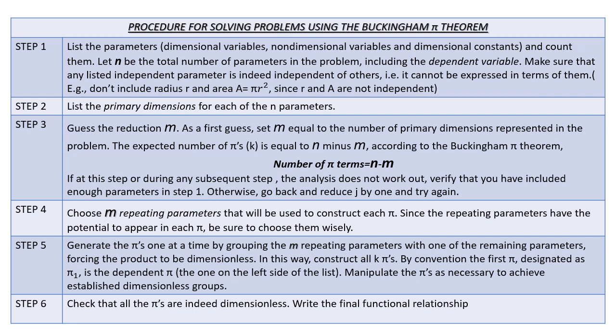There are procedures for choosing the repeating parameters, available in the next table. Once we choose the repeating parameters, we write the pi terms, equate the powers of the dimensions and get the appropriate results.